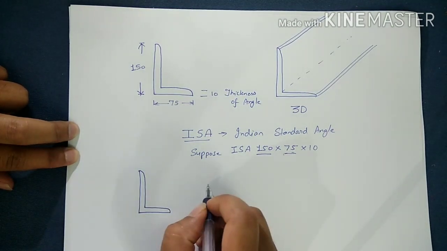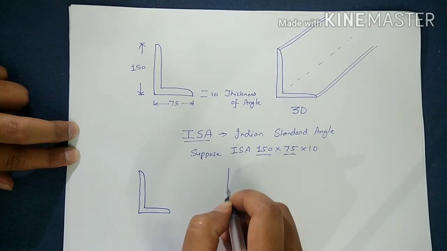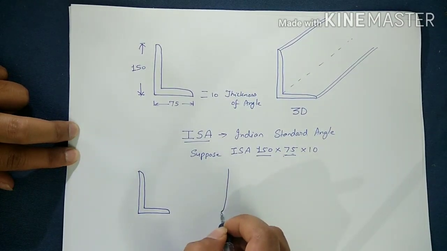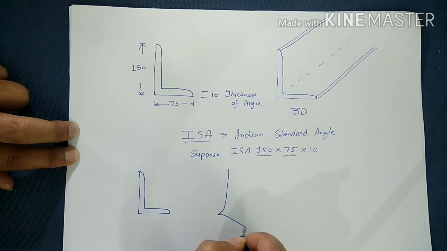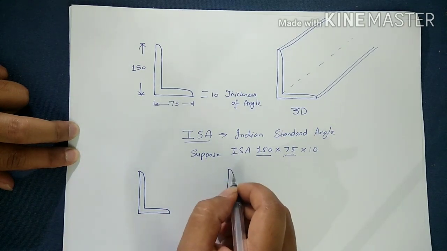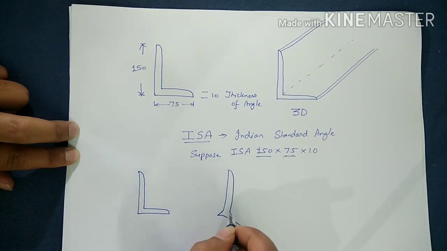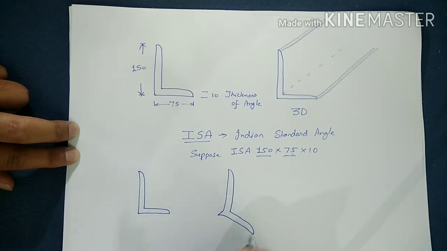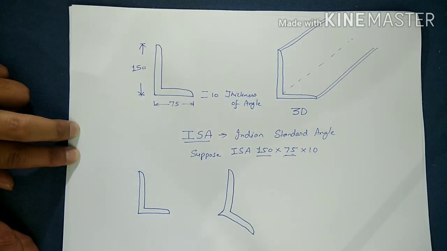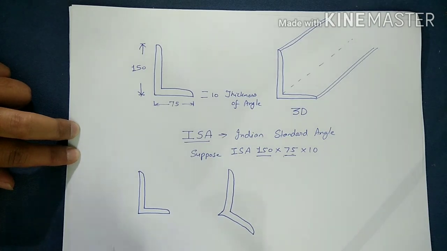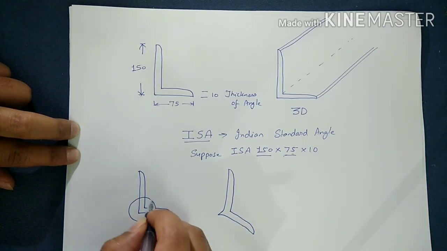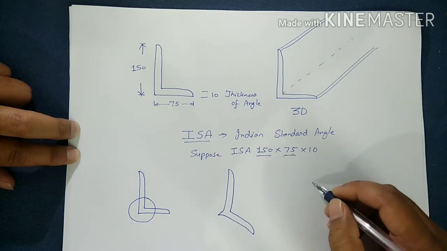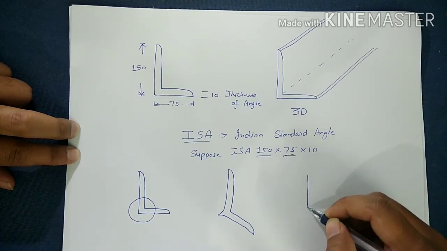Now if we flatten this, it will look somehow like this. It will not flatten as a straight plate. So if I zoom this part, it will look like this.